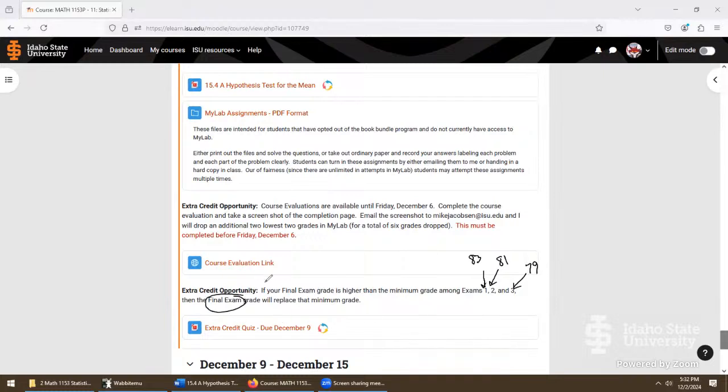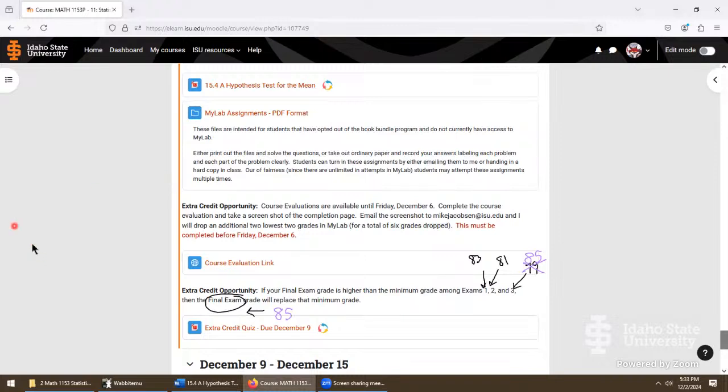If this hypothetical student had a final exam grade that came out to, let's go with purple, let's make it 85. That new grade of 85 comes right here, kills that one, places it at 85, but leaves the other 2 unchanged. So only the minimum score is replaced. Okay. Other questions about that so far?